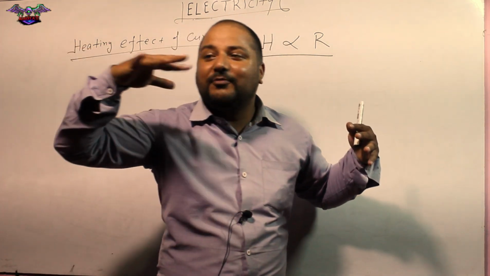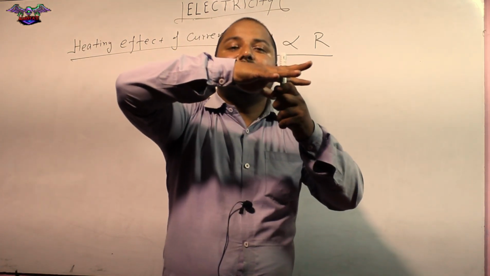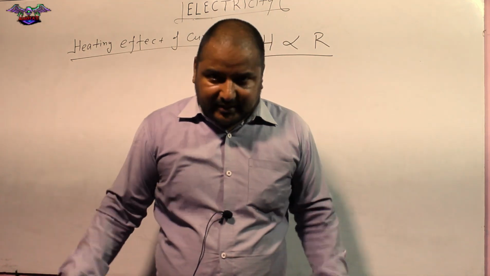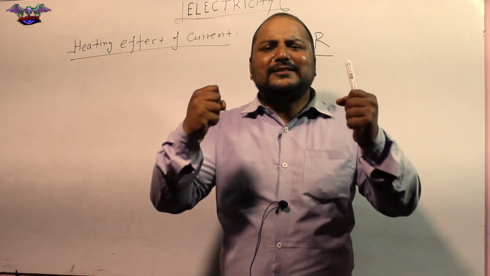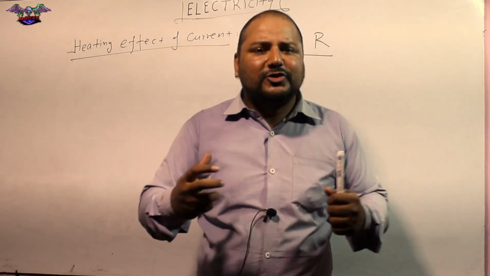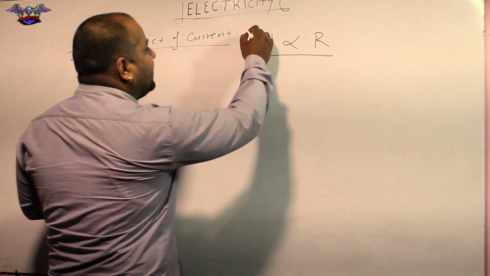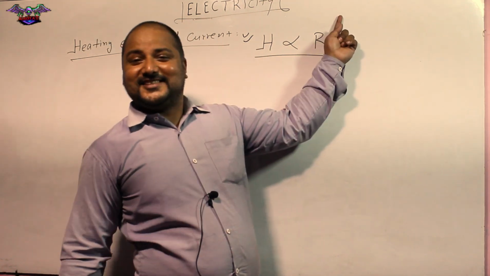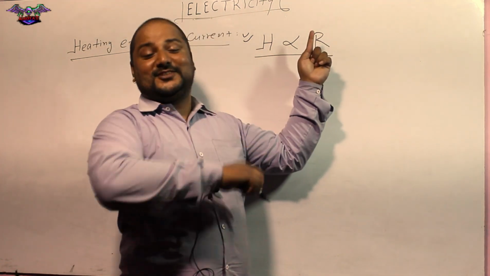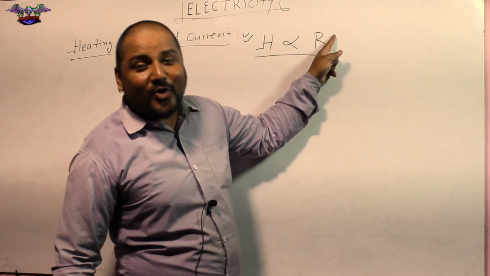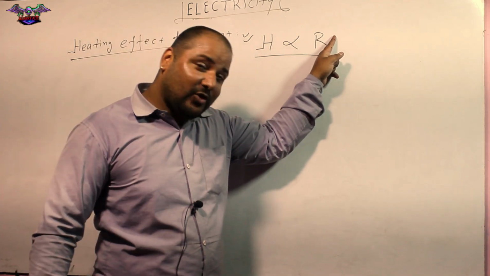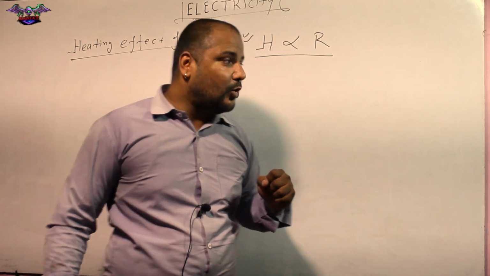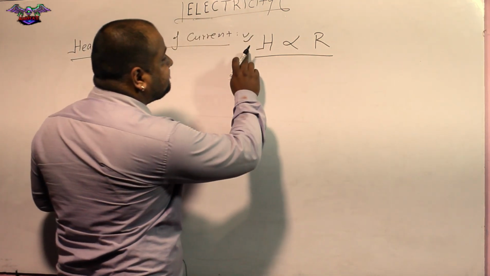The electrons, at the time of flowing, collide with the other atoms of the matter. Okay, due to these multiple collisions, the heating effect is produced. So as the resistance increases, more and more collisions will happen, and due to more collisions, the heating effect will happen there. Okay, I hope you understand.